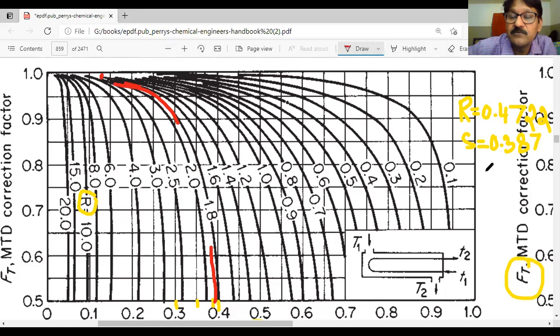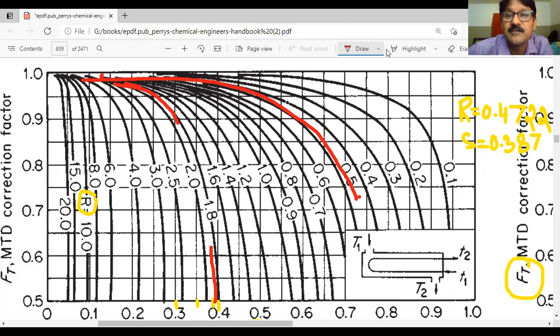Now the 0.47 R. See here, the R value. This is 0.1 R, 0.2 R, 0.3 R, 0.4 R. 0.47 R will be somewhere here. 0.5 R. 0.47 R is not there. You can see here, this is 0.45, 46, 47, somewhere here. You can add one more line. See here, it is going like this, and then it cuts the point over here.